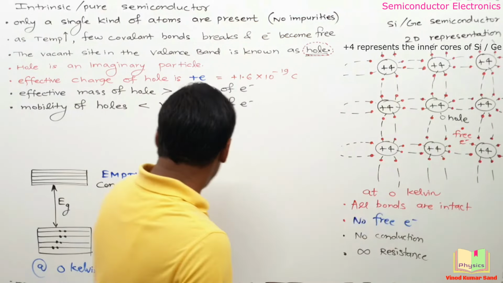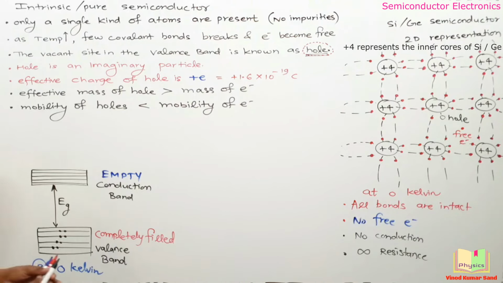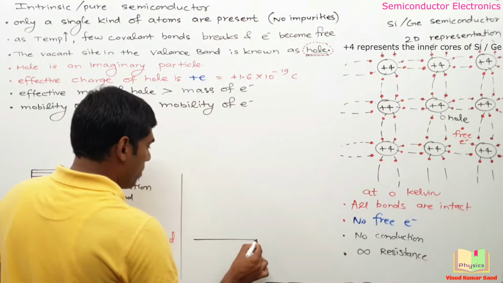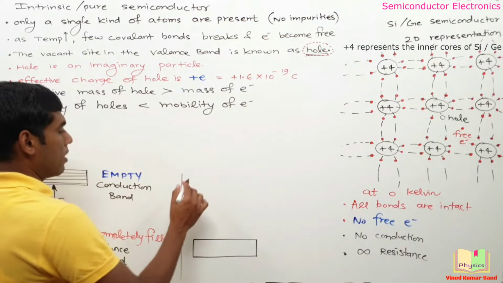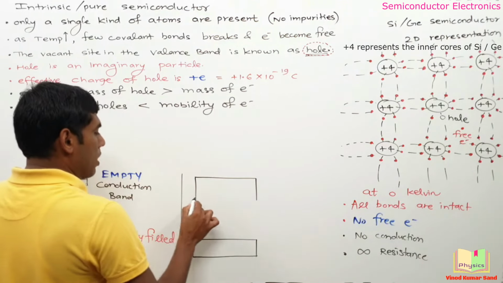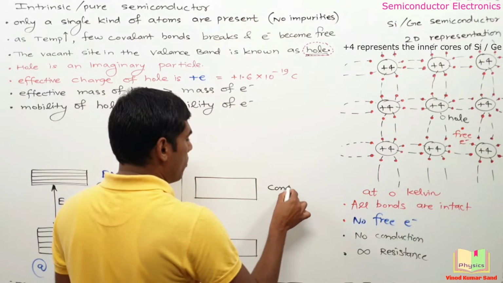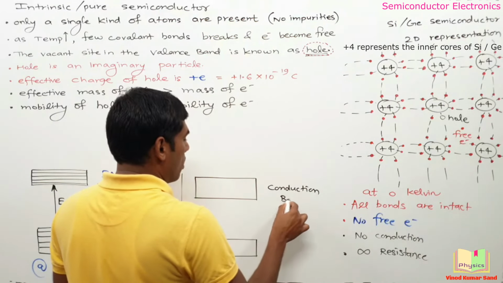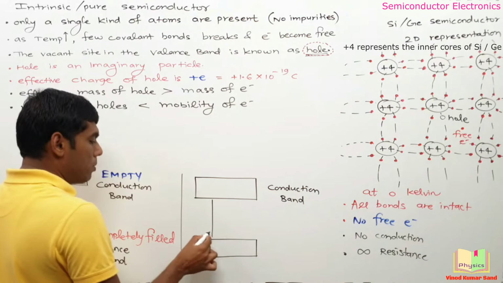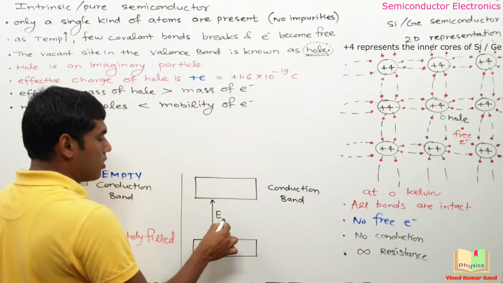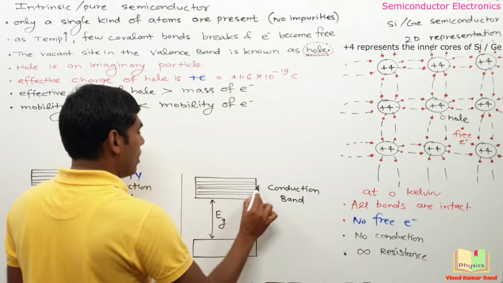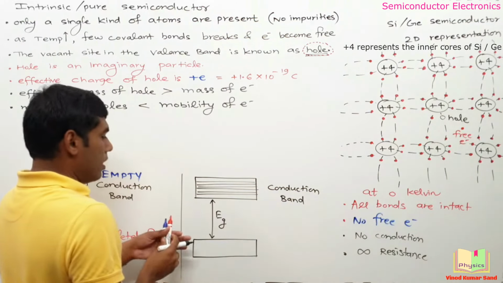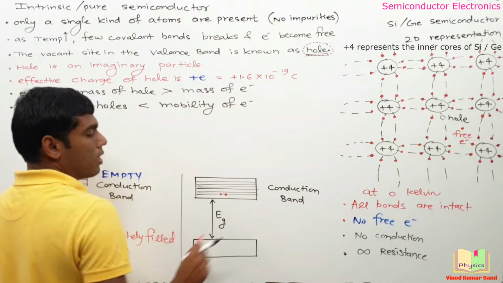Now as temperature is increased, what happens to this energy band diagram? Let's have a look. Same conduction band and valence band will make again and will show what difference occurs when the temperature is increased. So up here is the conduction band. This is the energy gap. No electron can lie here in this energy gap. Since there are free electrons available in the lattice, it means there will be few electrons present in the conduction band.